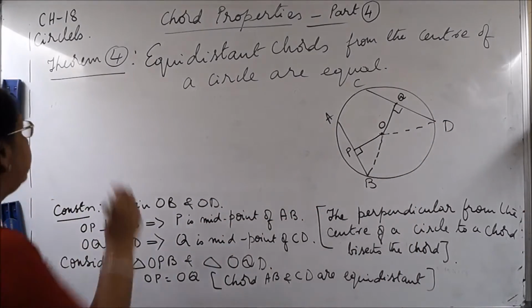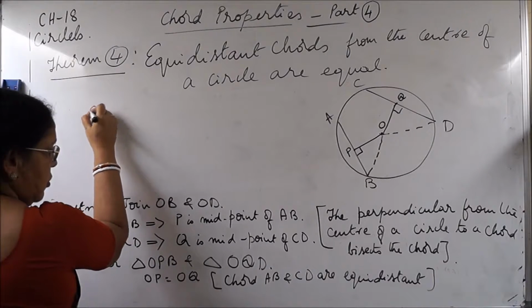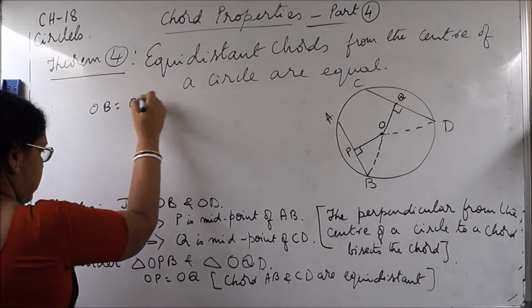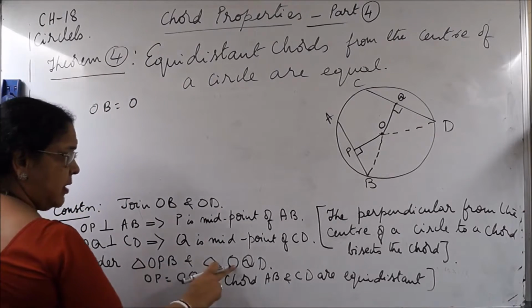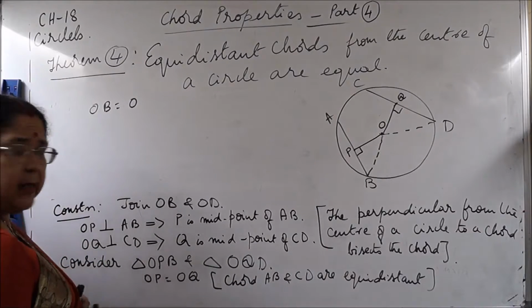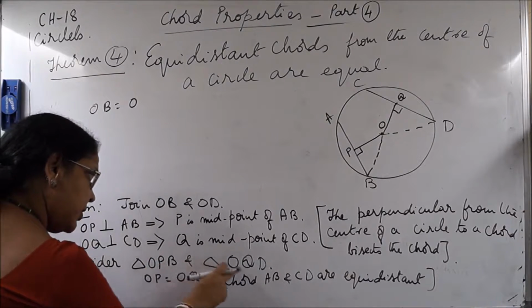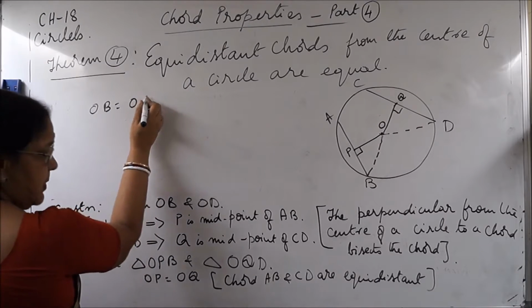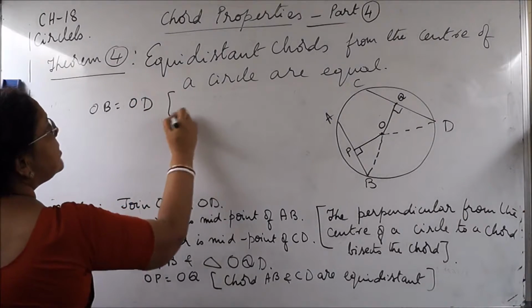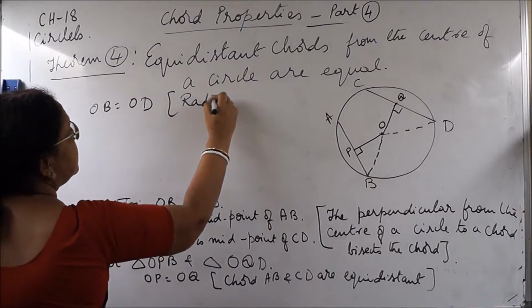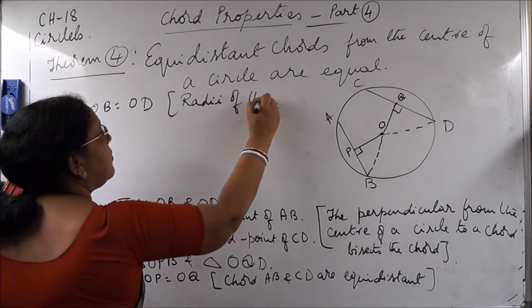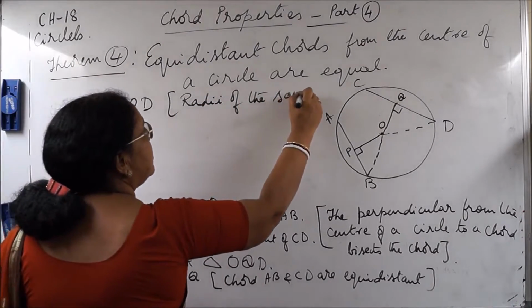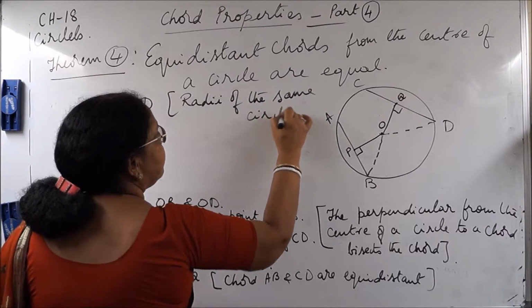Why? Radii of the same circle. We have to always keep in mind in which order we have written the triangle, and we must write the parts in the same order. So OB is first in OPB, so we must write OB is equal to OD. The reason is radii of the same circle.